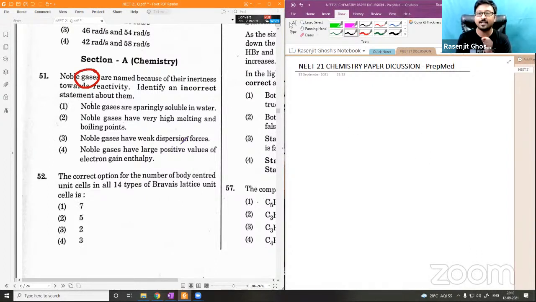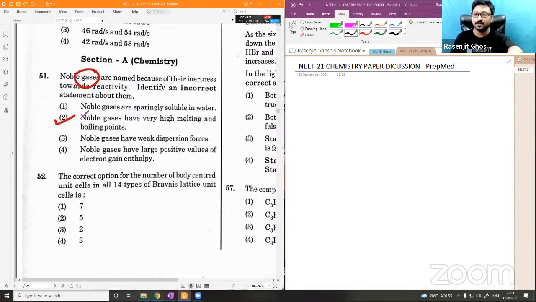It is very evident that the incorrect statement will be option number 2, because they will have a low boiling point. Elements which exist as gases at room temperature will have a very low boiling point. So saying high melting point and boiling point is a wrong answer, and the rest of the things are correct.